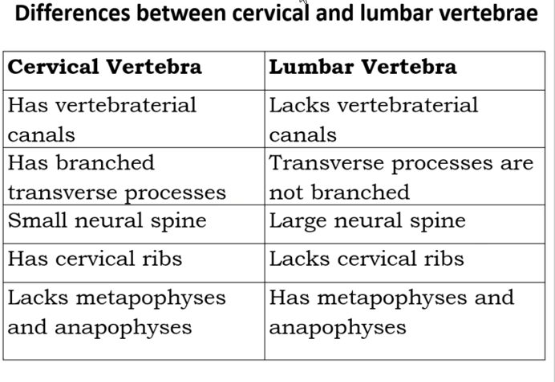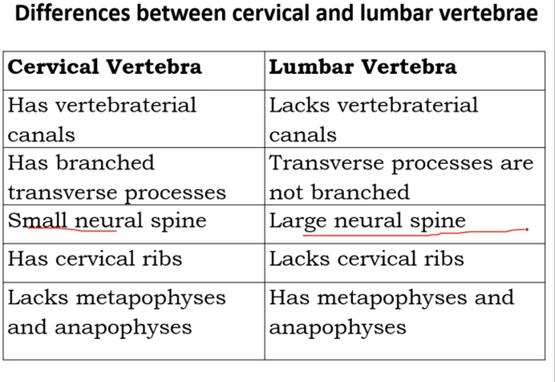Differences between cervical and lumbar vertebrae. Cervical vertebrae have vertebrarterial canals, while lumbar vertebrae lack vertebrarterial canals. Then cervical has a branched transverse process, while lumbar vertebrae have transverse processes that are not branched. Then cervical vertebrae have a small neurospine.